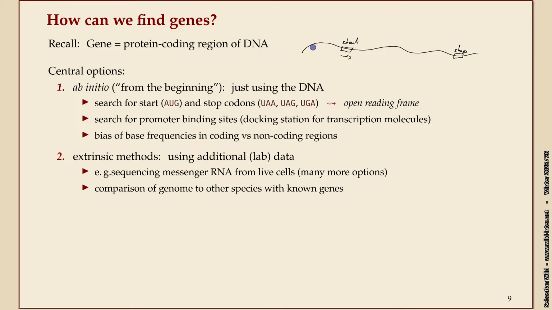So usually there's, a little upstream from the start codon, some specific sequence that allows the RNA polymerase to attach and stick there. So you can also try to find these. Unfortunately, these are not always the same. We'll come back to these in the latter part of the unit. The tricky bit is that they may be a different sequence in different species.